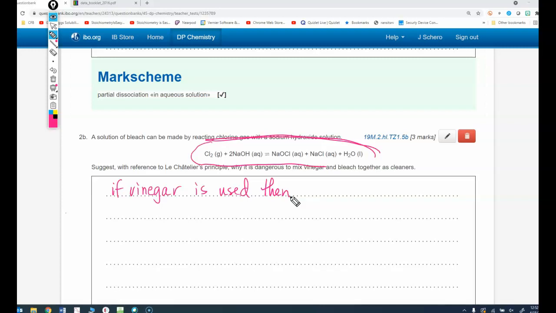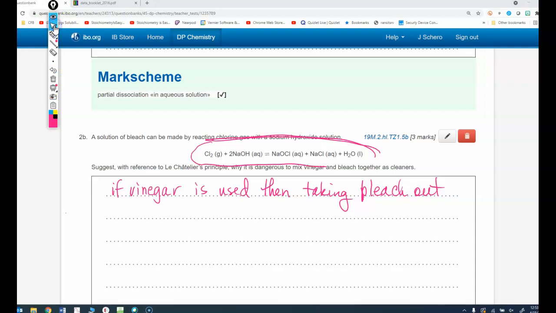I was thinking if vinegar is used, what they're asking, why would this be a dangerous situation? So we would be taking bleach out. But I'm wondering if that means that the bleach is going to react with, let's see what it actually says.